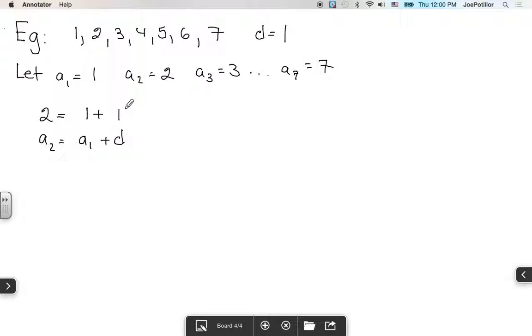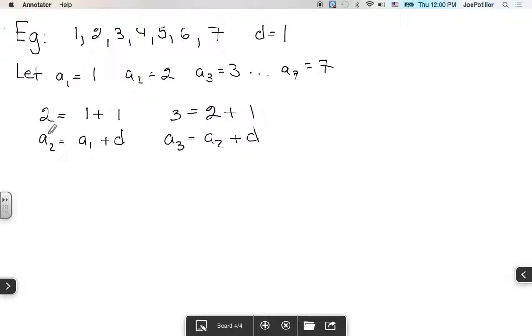And 3 is of course 2 plus 1. So A3 is equal to A2 plus D. So on and so forth for the rest of them.